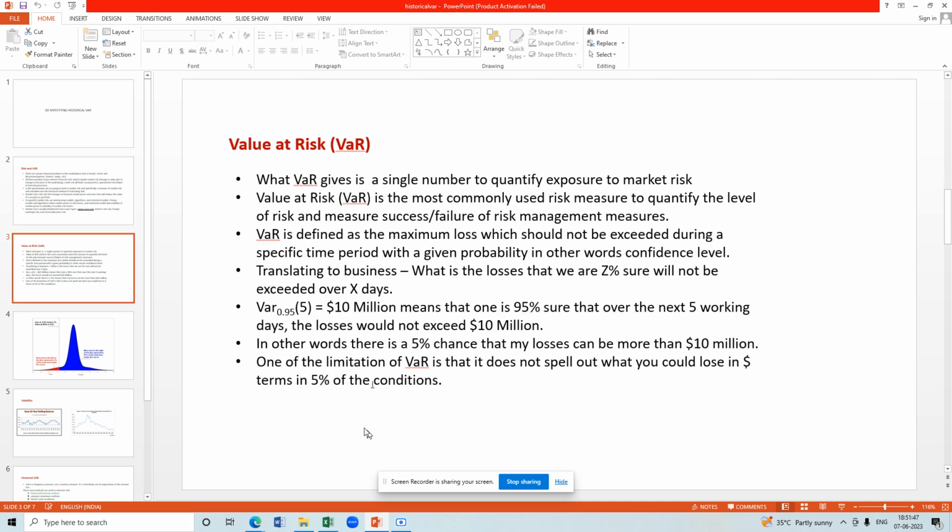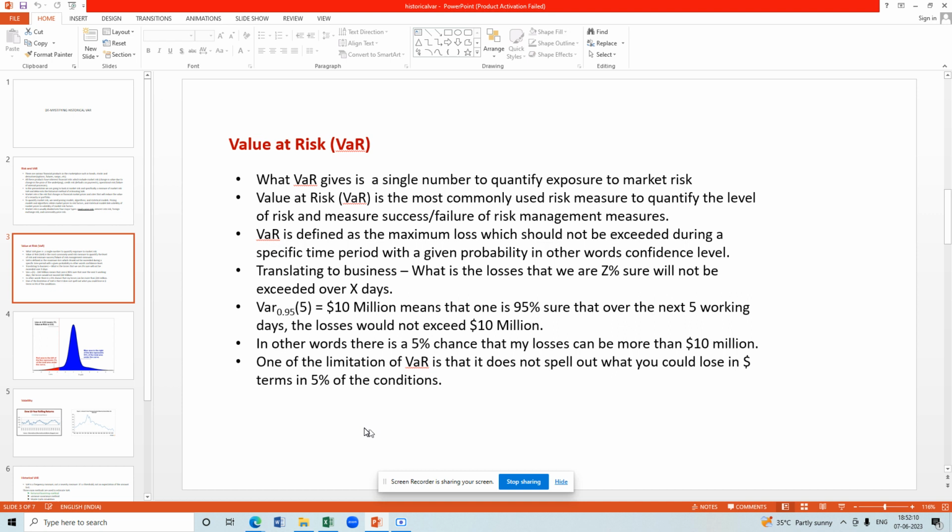Now, let's start with what exactly is VaR or value at risk. It basically gives you a single number to quantify exposure to market risk. And it's the most commonly used risk measure with solid background models for assessing and quantifying the VaR value.